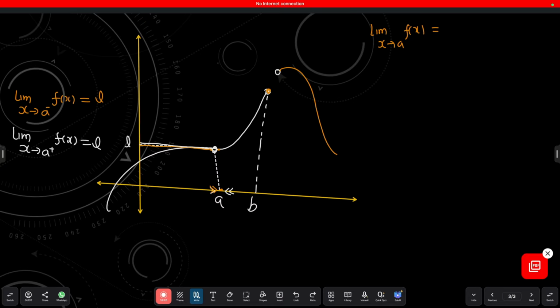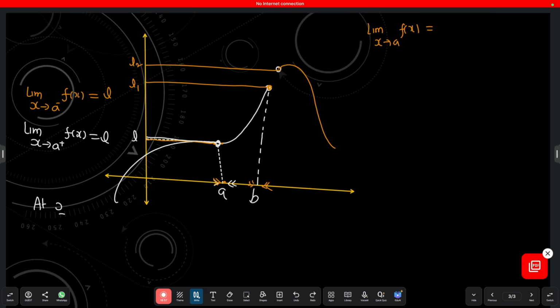Why does it not exist? Because when you approach from the left side, your function's limit value will be here. Suppose this is L1. And when you approach from the right side of B, then your graph is exactly here. Then what is the value? Different. Suppose this is L2. It means the left hand limit gives a different answer, and the right hand limit gives a different answer. Because the gap is too much, it is not ignorable. It means the limit does not exist here.